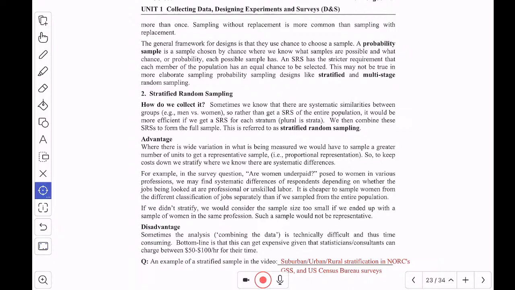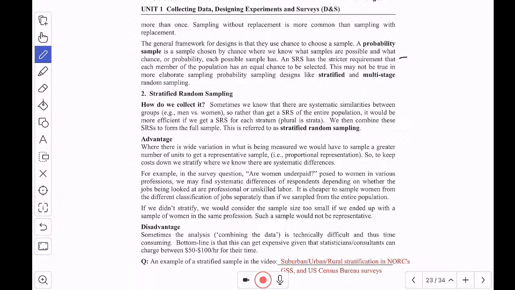The simple random sample is even stricter, requiring that each member of the population has equal chance of being selected. So a simple random sample has those two requirements, or I say requirements, but consequences or implications.